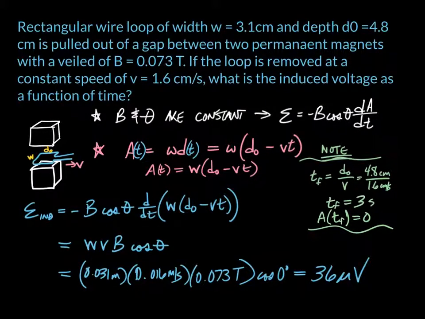So 36 millionths of a volt, not a lot of voltage, therefore not a lot of current flow, but it's some current flow. All right? So it's just another kind of simple use of those 3 things that we extracted from Faraday's law. All right?